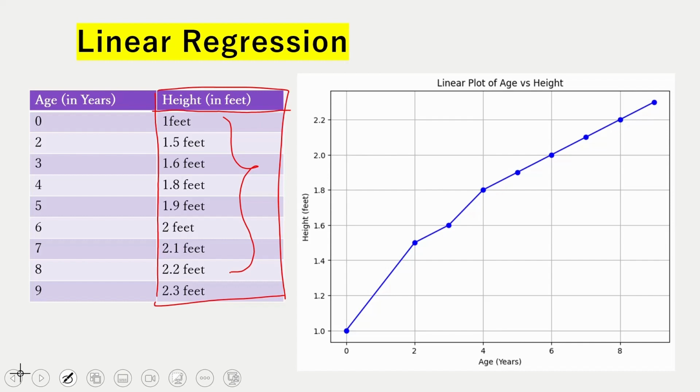So, if there is a linear relationship between the input feature and the output feature, we should apply linear regression. Let us take an example here. The age is an input feature and the height is a target variable. By plotting the line plot, we have found that there is a linear relationship between the feature age and the target height.